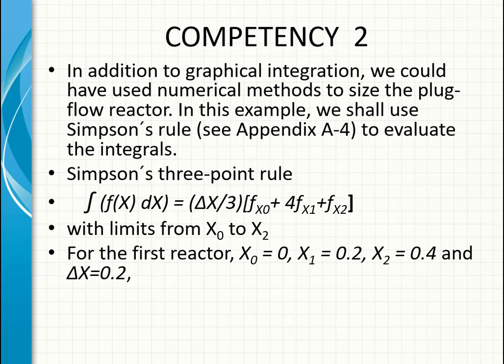For the first reactor, x0 is equal to 0, x1 is equal to 0.2, and x2 is equal to 0.4, and delta x is 0.2.